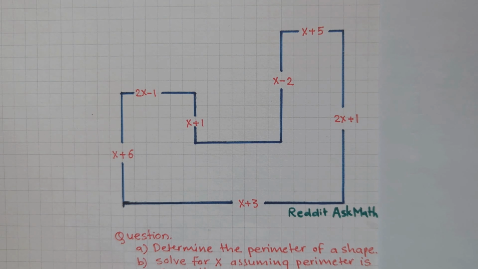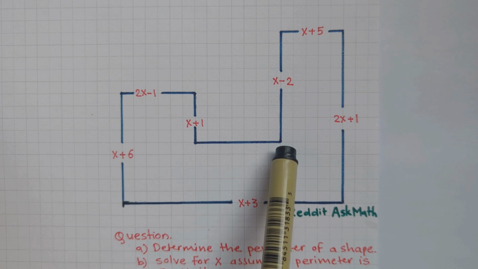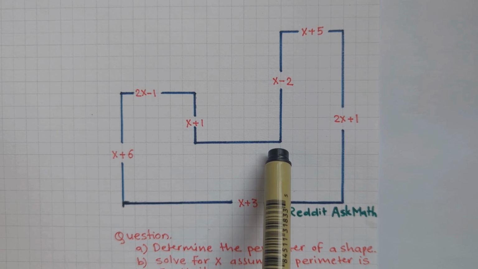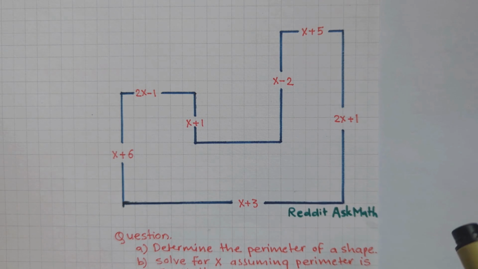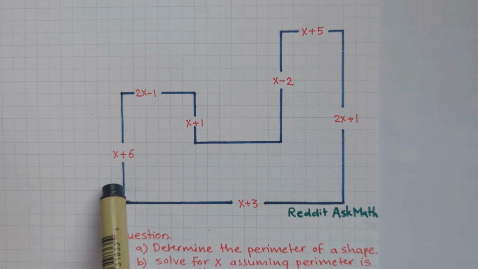If you focus, we know that we are not provided with the length of this particular side. Perimeter is nothing but the addition of all the lengths of the sides of any shape.